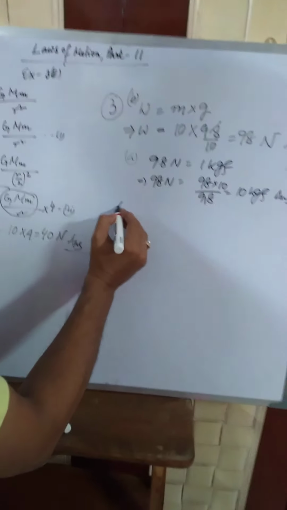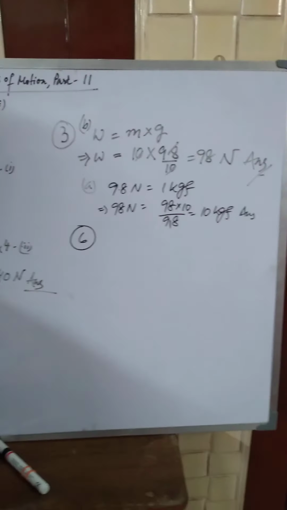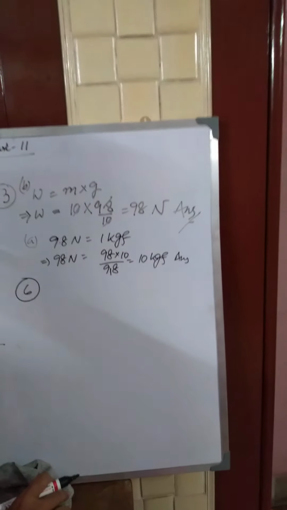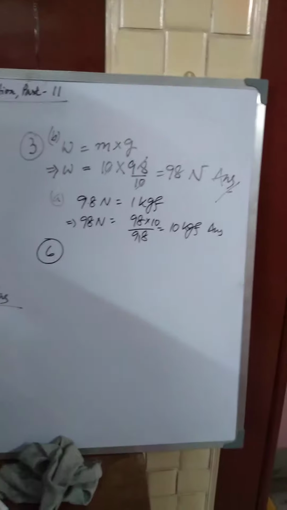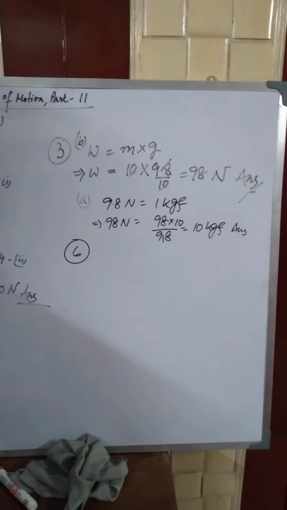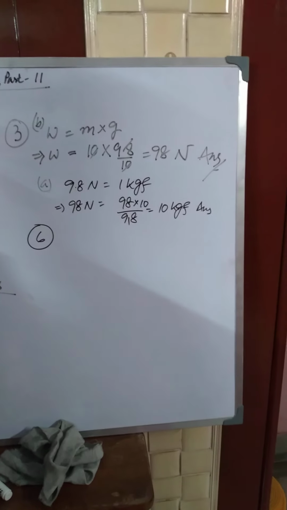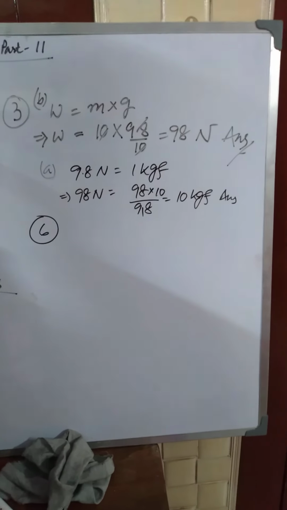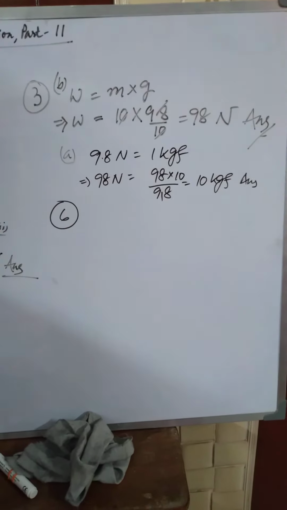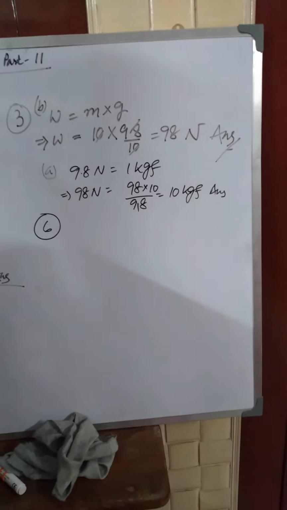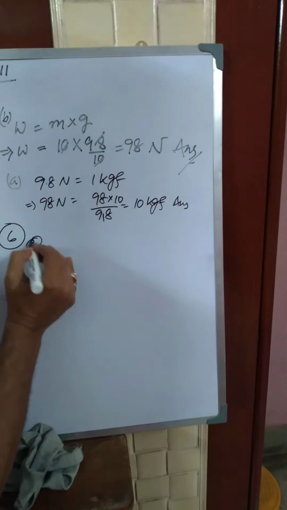Now come to question number 6: the weight of a body on earth is 98 Newton, where the acceleration due to gravity is 9.8 meter per second square. What will be its mass and weight on the moon, where the acceleration due to gravity is 1.6 meter per second square? Consider the first one, 6a.